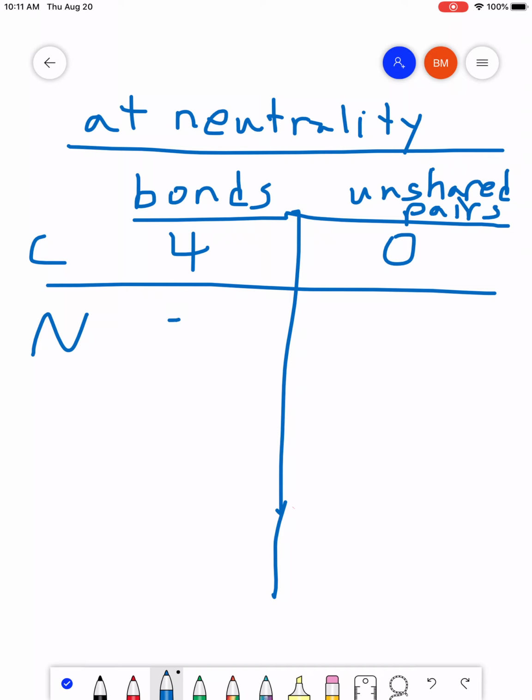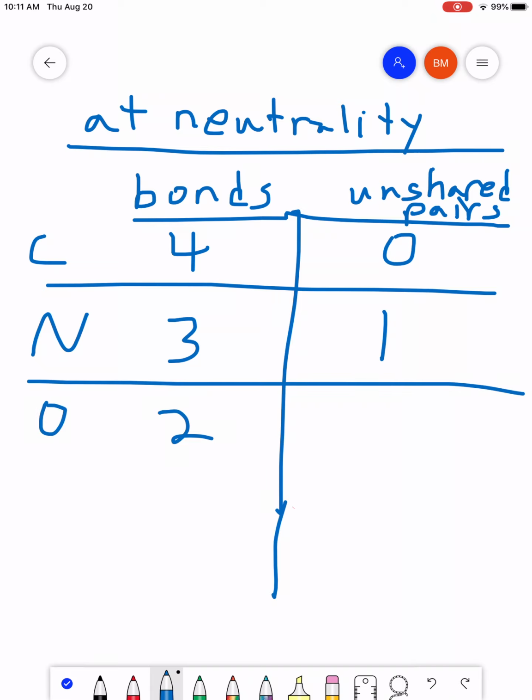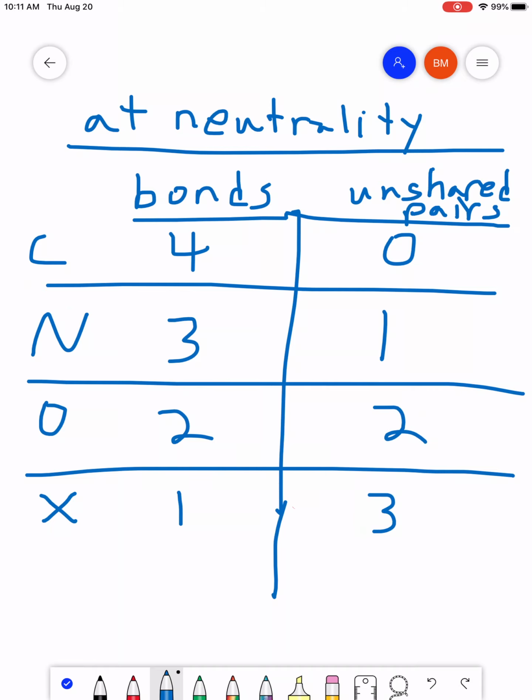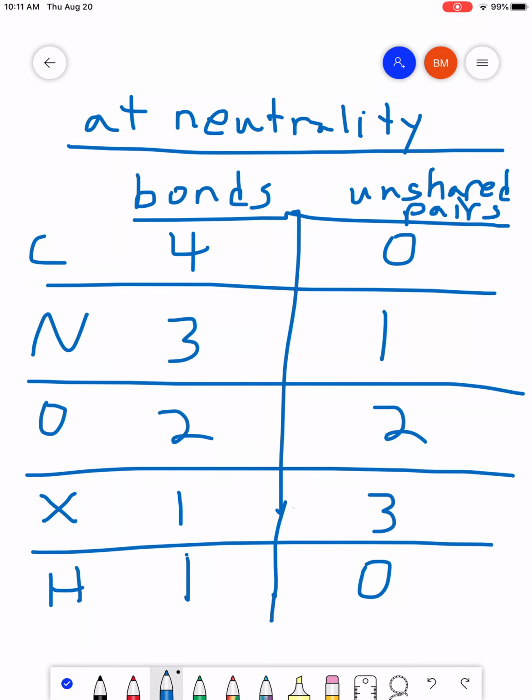Nitrogen likes to have 3 bonds and 1 unshared pair. Oxygen likes to have 2 of each. Halogens don't make very many bonds. They only make 1 bond and have 3 unshared pairs. And then, of course, we have hydrogen, which is an exception. It likes to make 1 bond, and it can't hold any more than 2, so it's not going to have any unshared pairs in its neutral state.